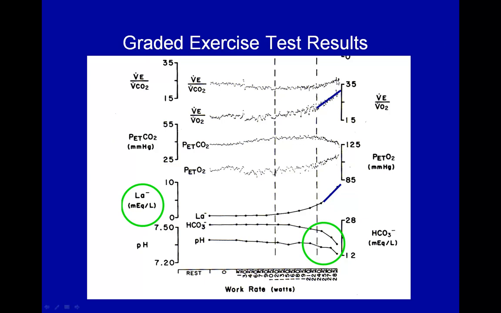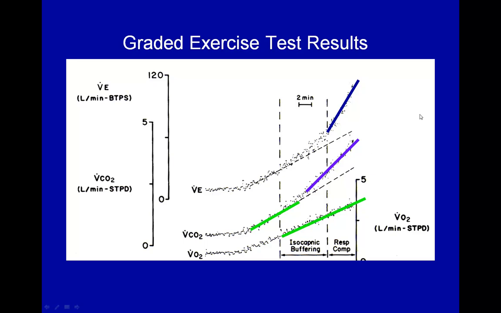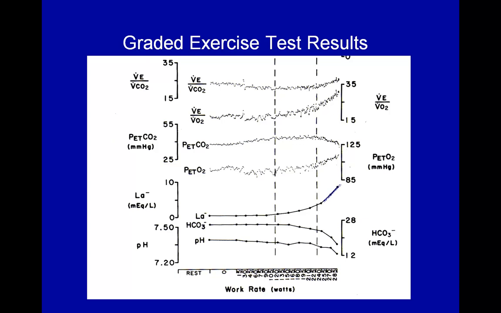Since that's happening, there's only a modest increase in the ventilatory equivalent for CO2 because we've got a much greater increase in VCO2 in this portion of exercise than we have increase in VO2, because we're liberating stored CO2 from the form of bicarbonate as well as the CO2 that's currently being produced.